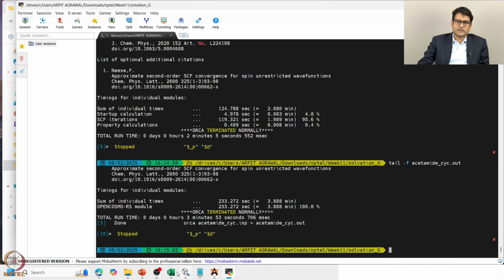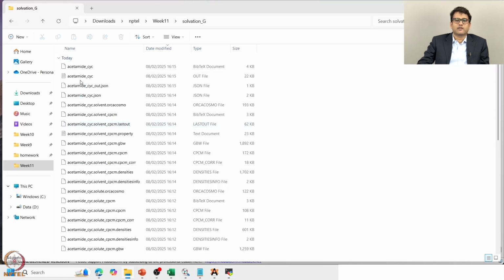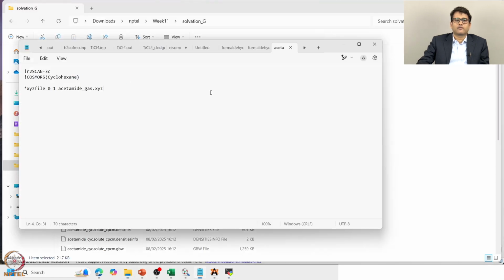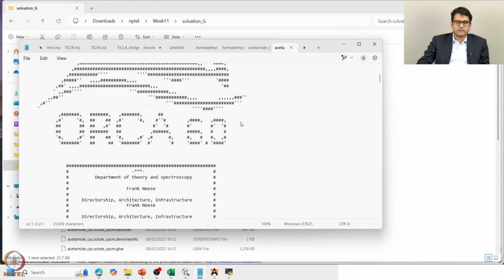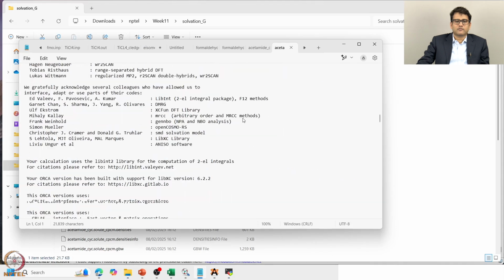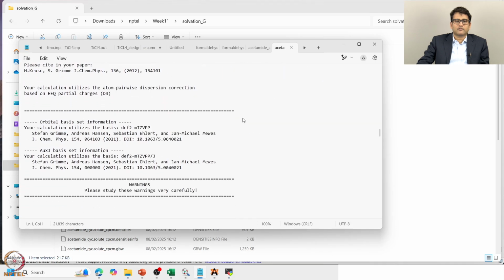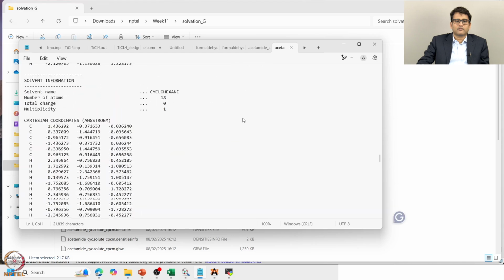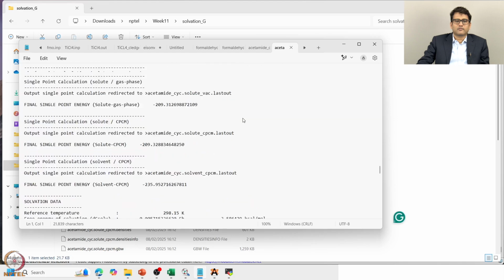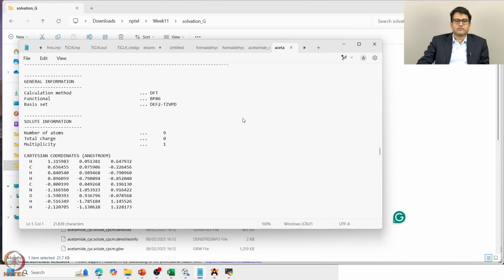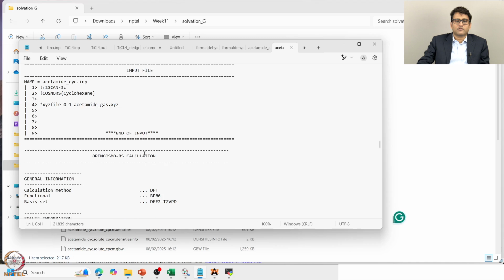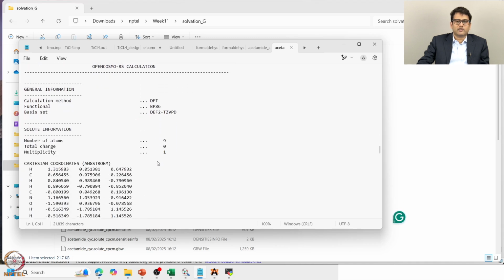So, now the calculation is done. Let us see the output file. So, it says open Cosmos calculation.